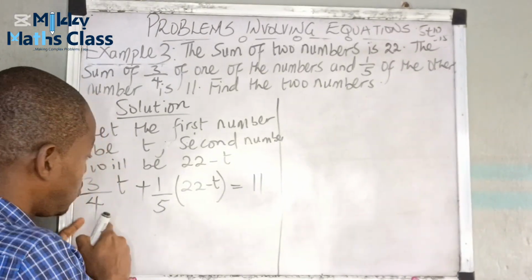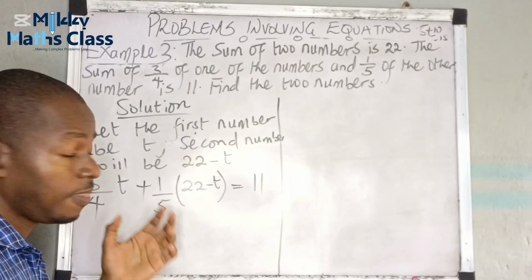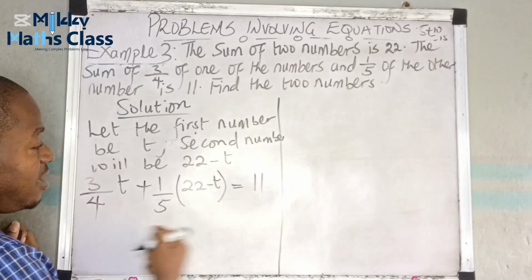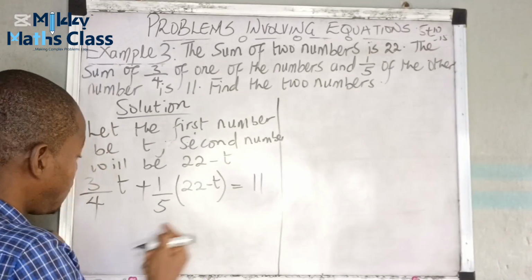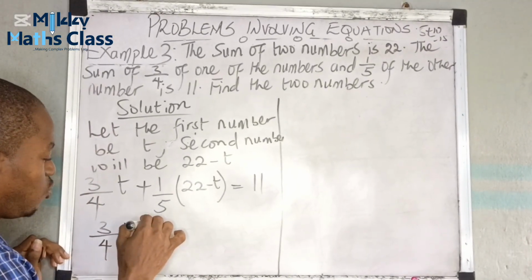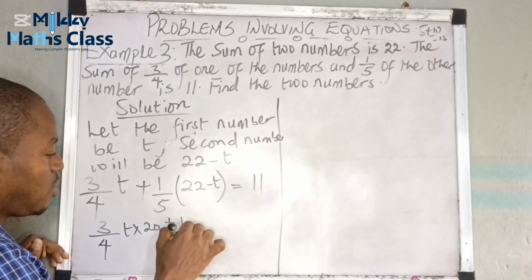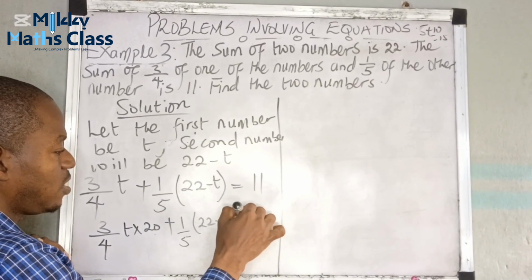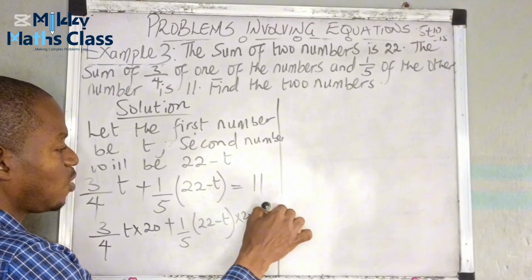The first thing we do, this is 4, this is 5, we take the LCM. The LCM of 4 and 5 is 20. So we multiply each of the terms by the LCM of 4 and 5. So it follows that 3/4 t times 20 plus 1/5 into bracket 22 minus t times 20 is equal to 11 times 20.